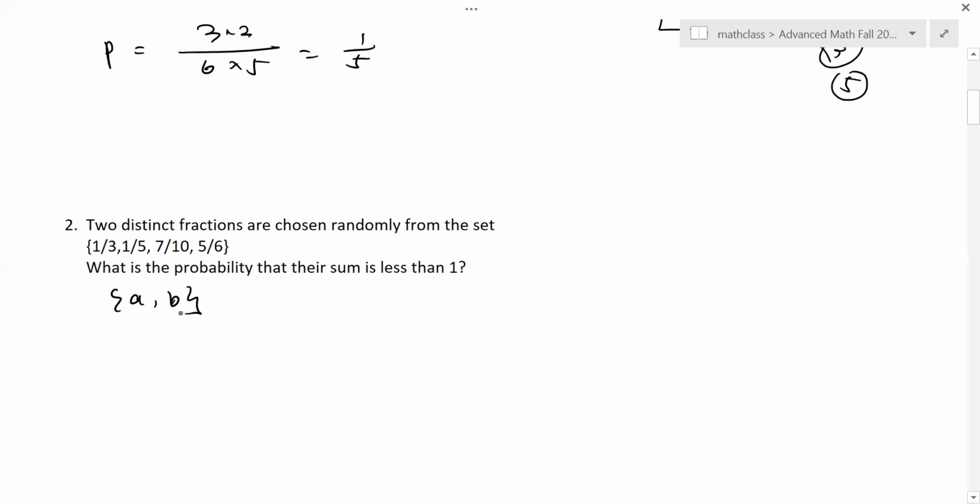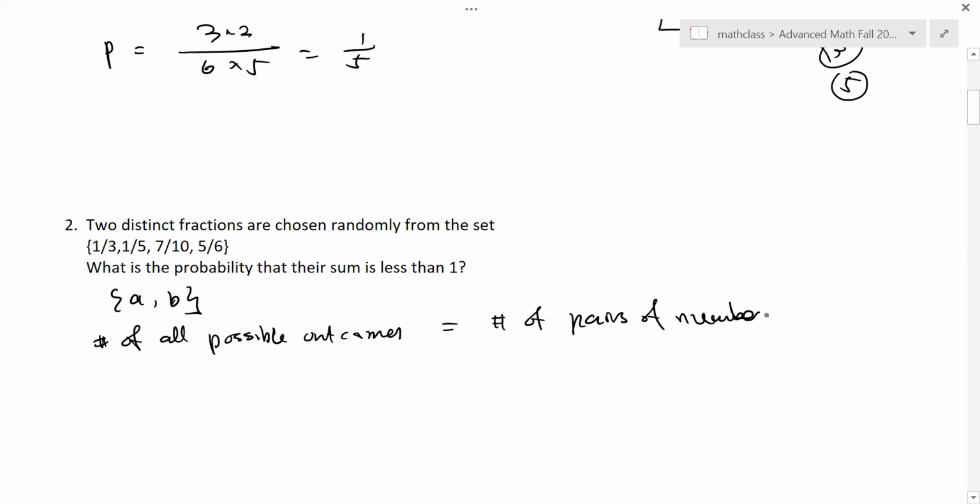And that's going to be the number of pairs of numbers. So the number of all possible outcomes is the number of pairs selected from this group of 4.